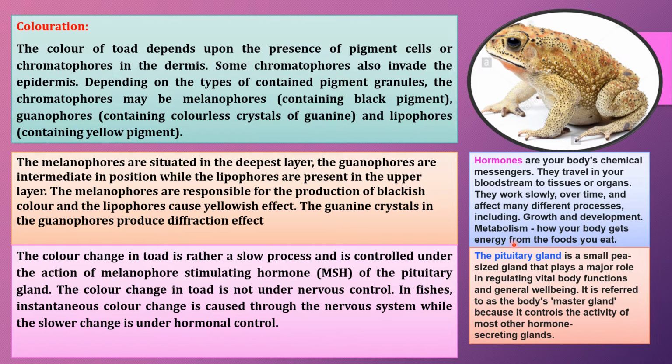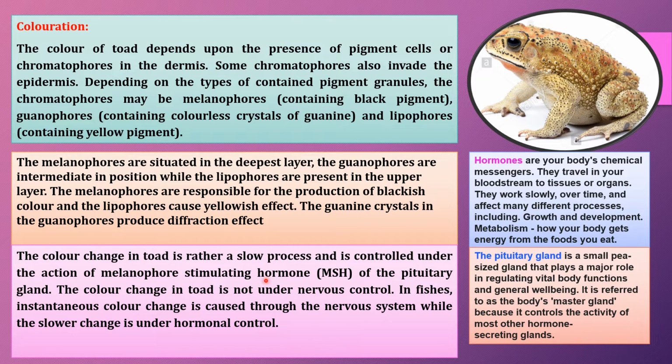That means hormones help in metabolism also. Metabolism means the digestion of our body. So hormones are the chemical messengers of an animal's body, especially a mammal's body. They carry the messages from the different parts of the body through the bloodstream, through the blood, to tissues or organs. Now, hope you have understood.